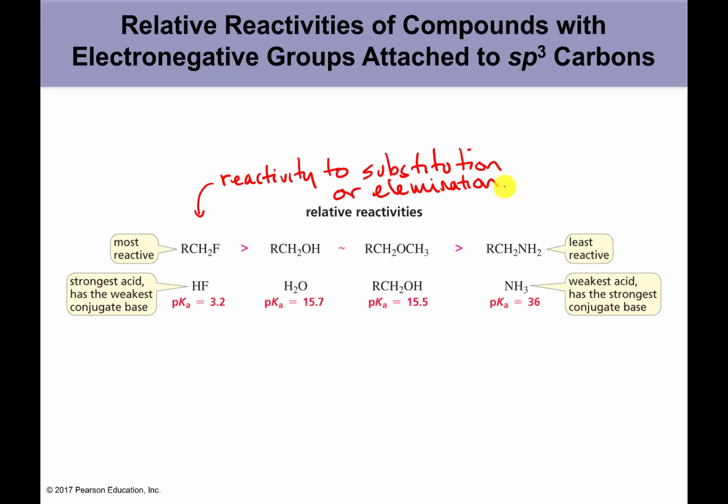And then the reactivity essentially goes in order of decreasing acid strength. The least reactive are the groups that are the least acidic, that is, they have pKa's that are very high. And the most reactive are the ones that are the most acidic because their pKa's are relatively low. And that makes, for example, fluorine a much better leaving group than the amide.